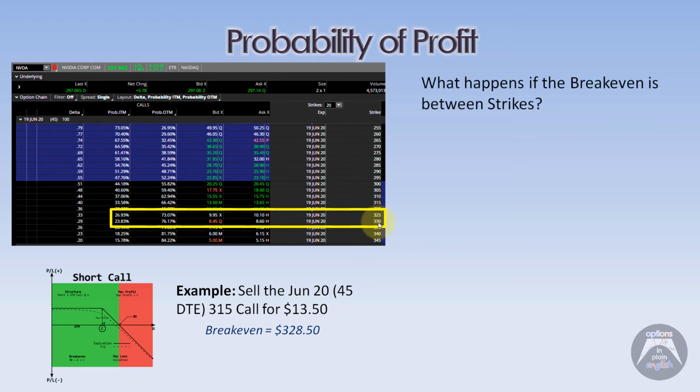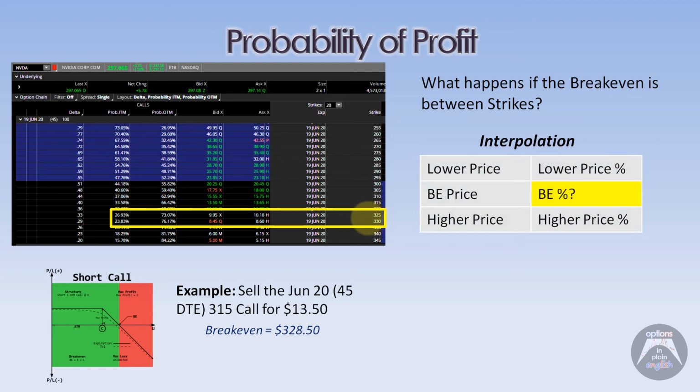So what happens if the break even is between strikes? Well, if you have a price that is in between a higher price and a lower price, and you have the higher price percentage and the lower price percentage, and you want to figure out what the percentage is for the actual break-even price that you're looking at, then you're going to be using interpolation, which is a way of estimating a value that's between two known values.